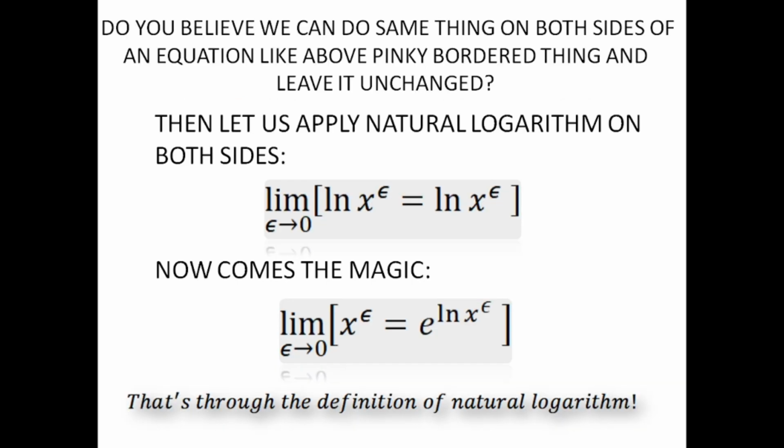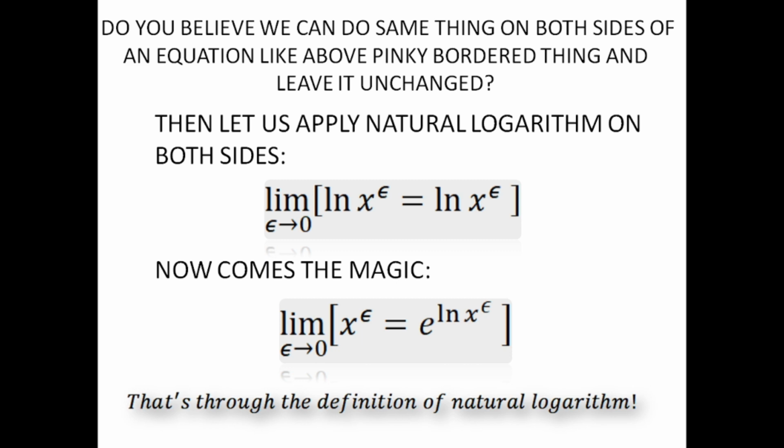And also, logically, we can do the same operations on both sides of the equation. Let us take natural logarithm on both sides, on the right hand side and left hand side. So ln x power epsilon is equal to ln x power epsilon, taking the limit epsilon goes to 0.